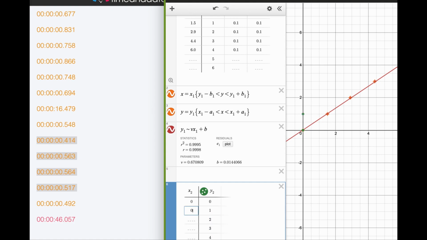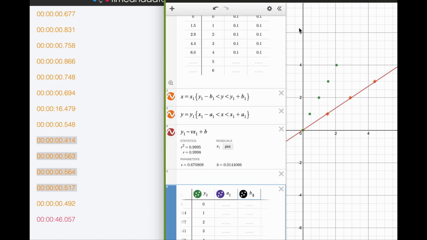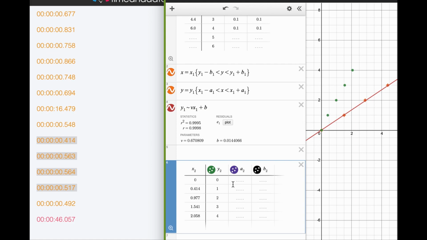Okay. 0.414. 0, 0.977. 1.541. 2.058. You can see the graph that it's making is different from the first trial.